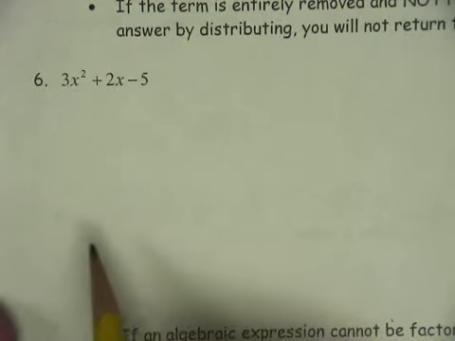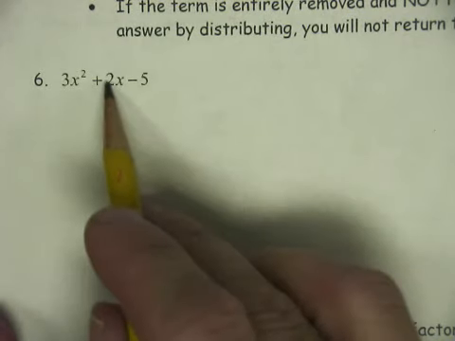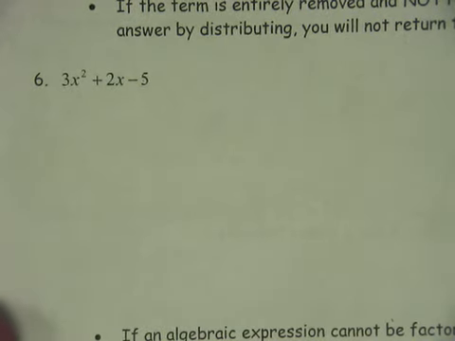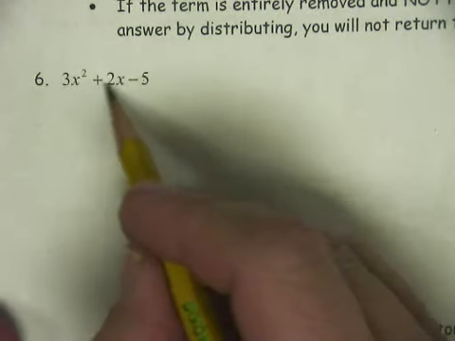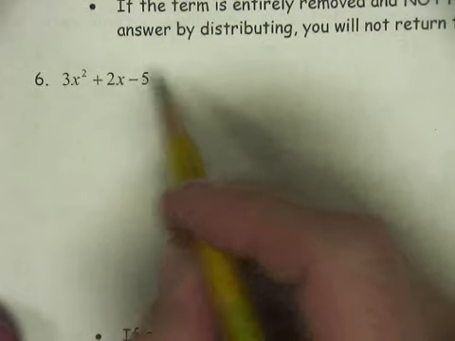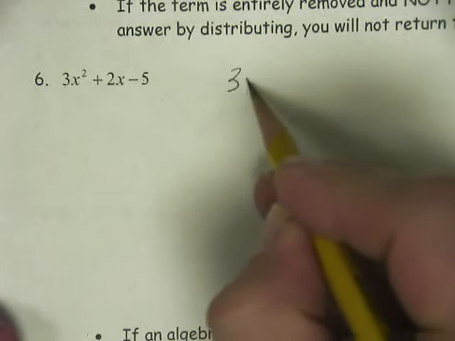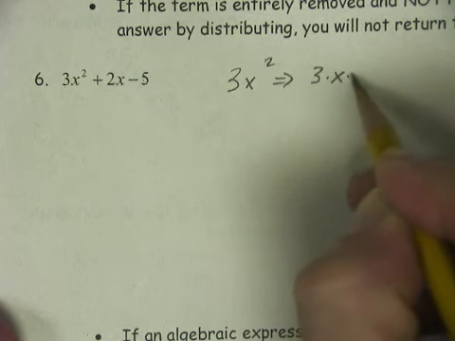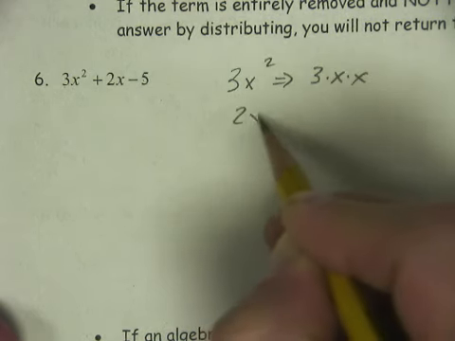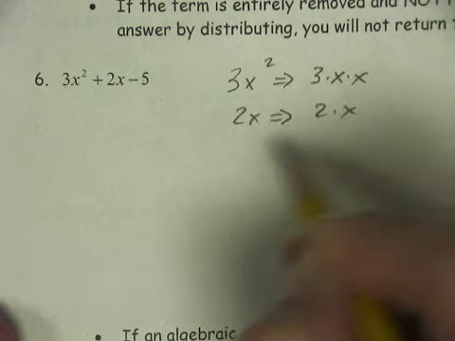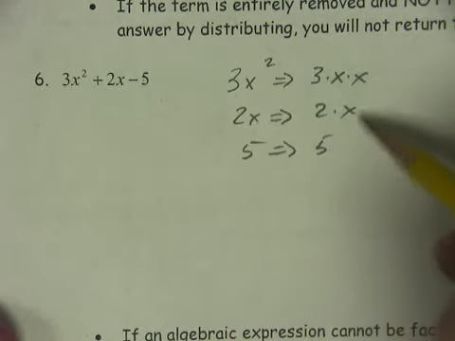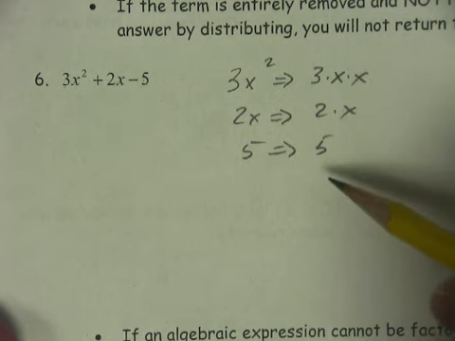Okay, the last one is right here. So we're looking for a number that goes evenly into all 3 of those. And if I think about that a little bit, I'm not seeing anything that goes into those, because if I write on the side 3x squared, if I write the greatest common factor out kind of the long way, there's that. 2x is just plain 2 times x, and then 5 is just plain 5. Do you see that all 3 do not have anything in common?